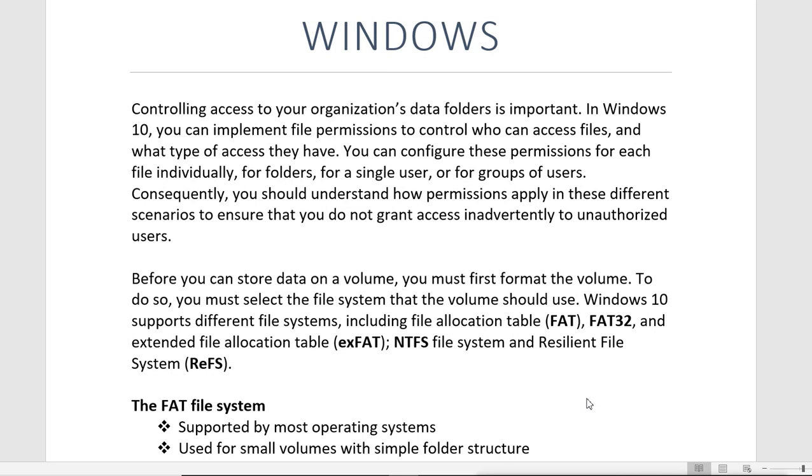Now, Windows 10 supports different file systems, including file allocation table, that is FAT, FAT32, and extended file allocation table, that is exFAT. Then the NTFS file system and the resilient file system. Now this resilient file system, that is ReFS, is new for Windows.